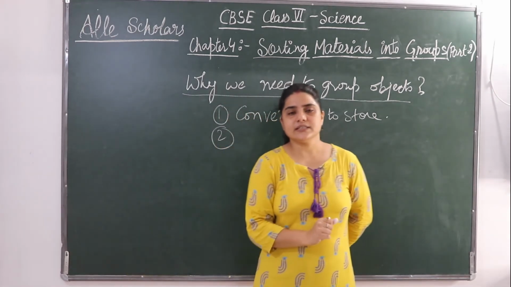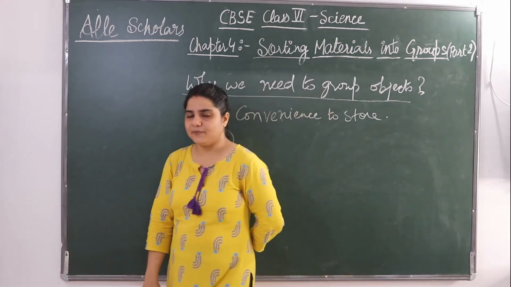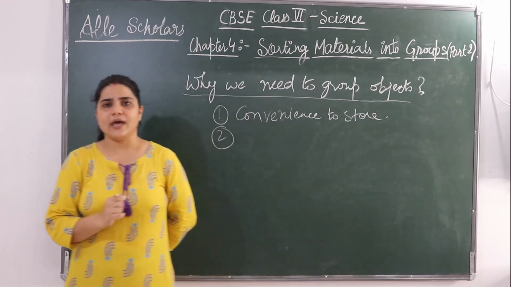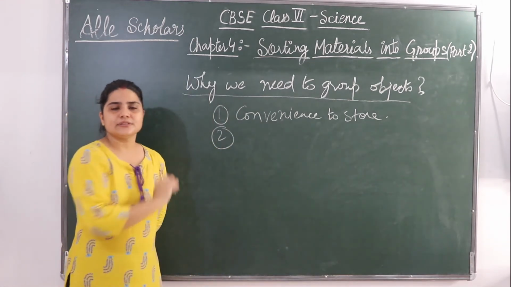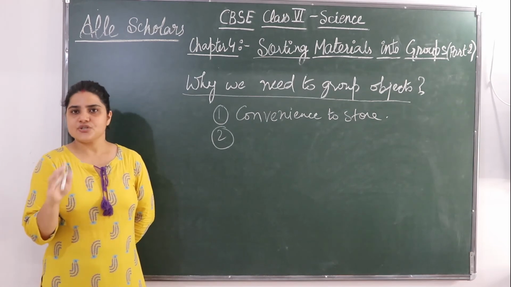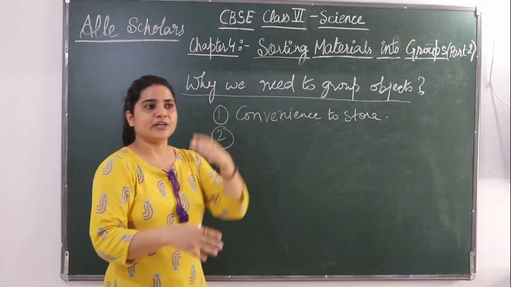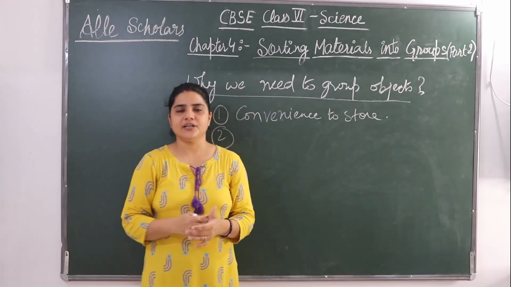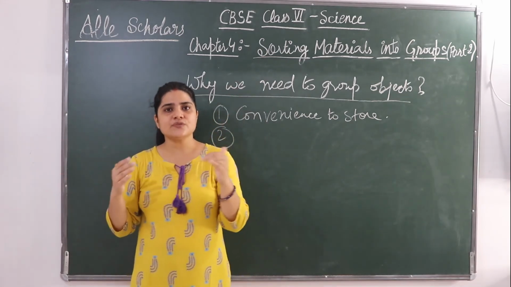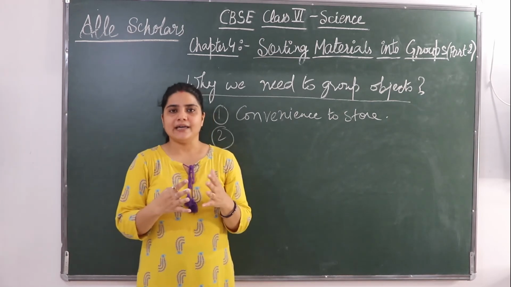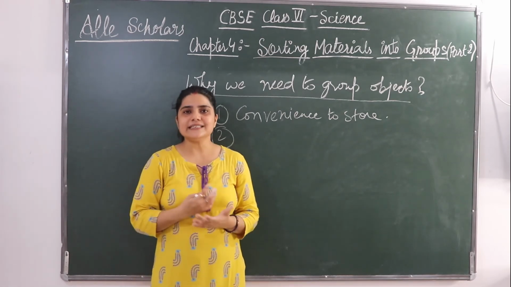For this, I will take the example of a library. If you go to your school library, are all the books mixed up? No. The English section is different, the history section is different, the storybook section is different. There are sections for different books. Why? Because it makes it easy to study.